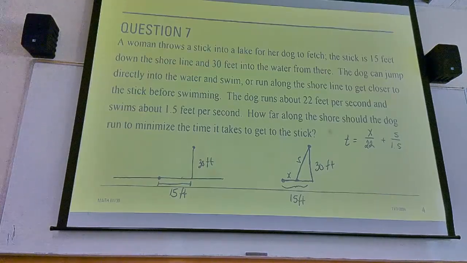What's the restriction? Or in this case, the constraint. It's an implicit constraint.